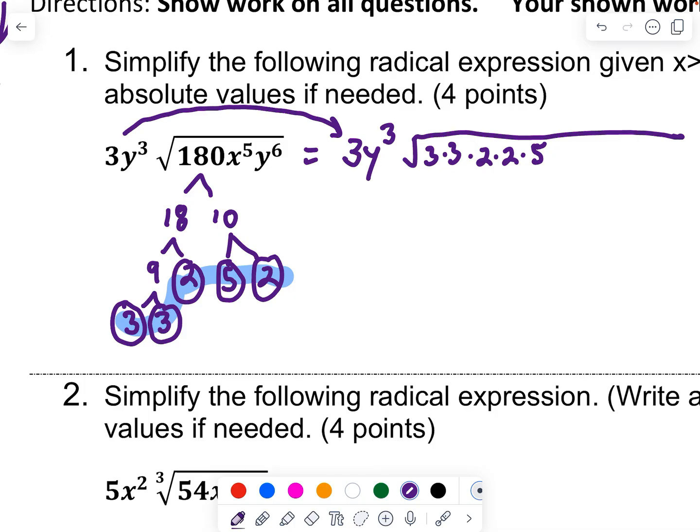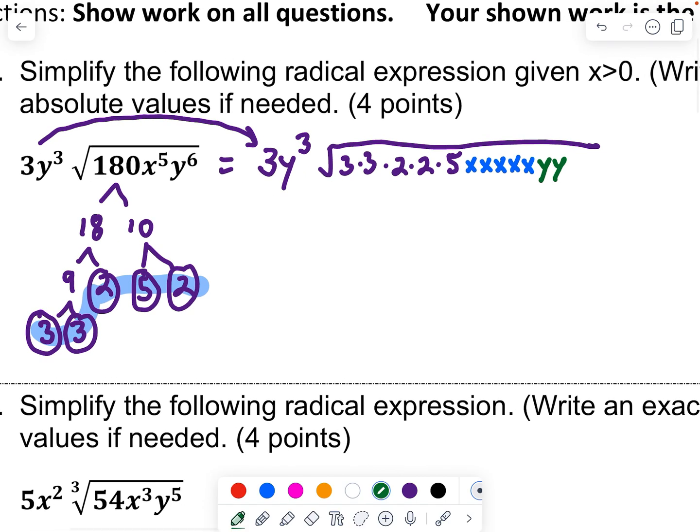And this x to the 5, I'm going to write that down as 5 x's multiplied together. And then I've got 6 y's. That's the 6 of the y's multiplied together. 3, 4, 5, 6.